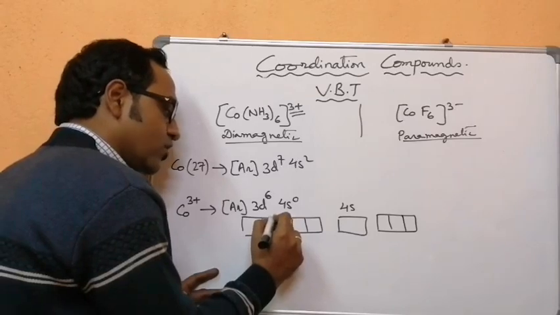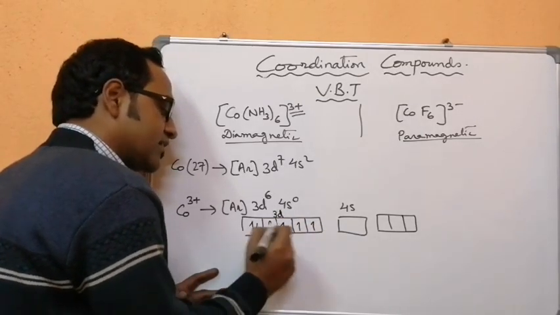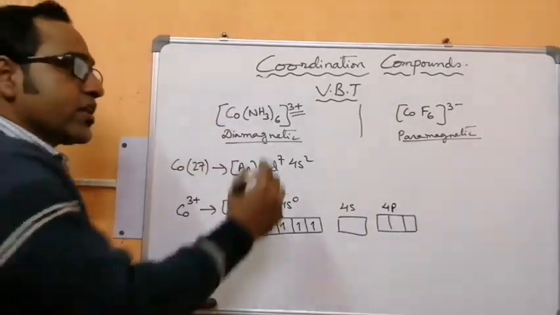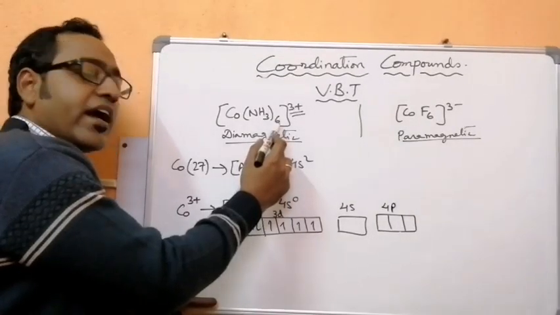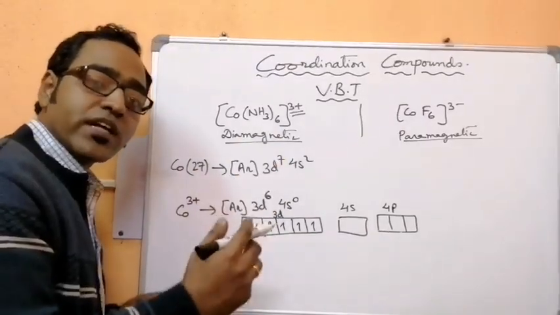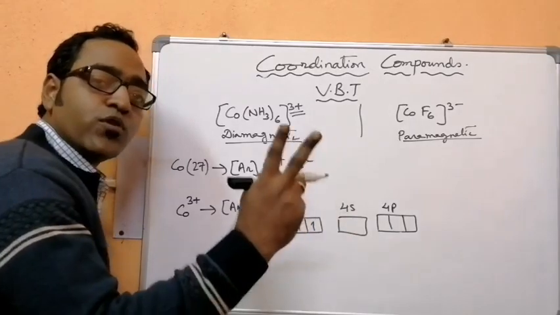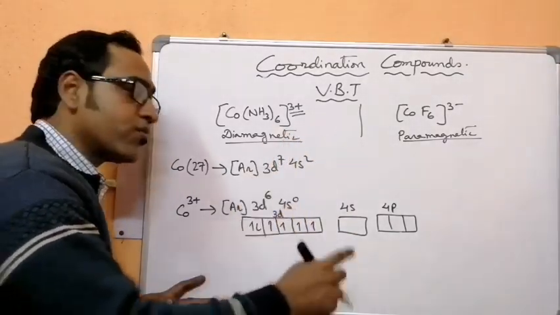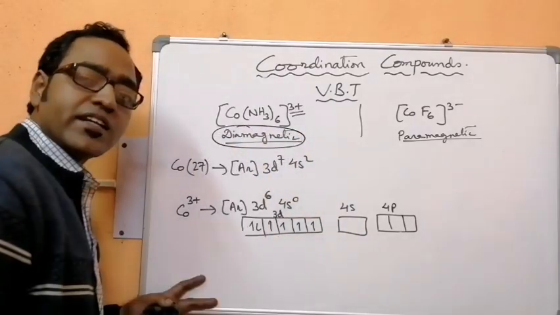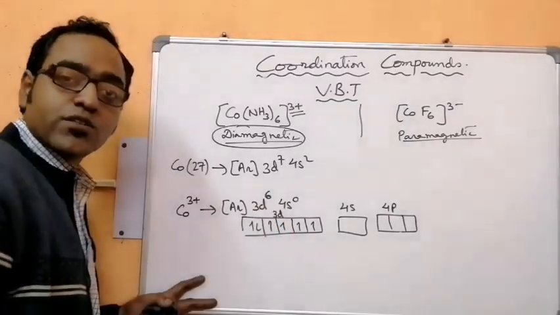So this is the 3d orbital which contains 6 electrons. 4s is empty, 4p is empty. Now there are 6 ligands, so we need 6 orbitals, because each ligand will donate an electron pair, that is 2 electrons, and an orbital can accommodate a maximum of 2 electrons. Since the complex is diamagnetic, the compound will not have any unpaired electron.